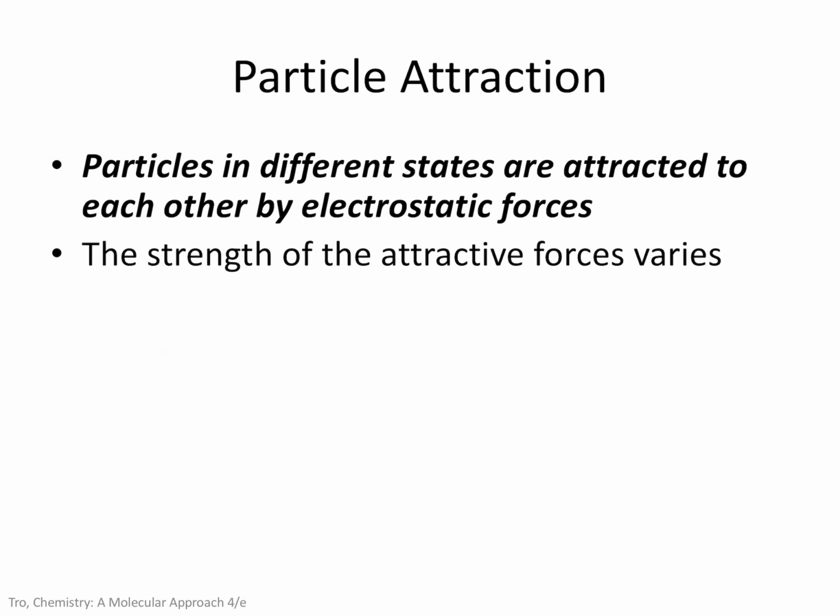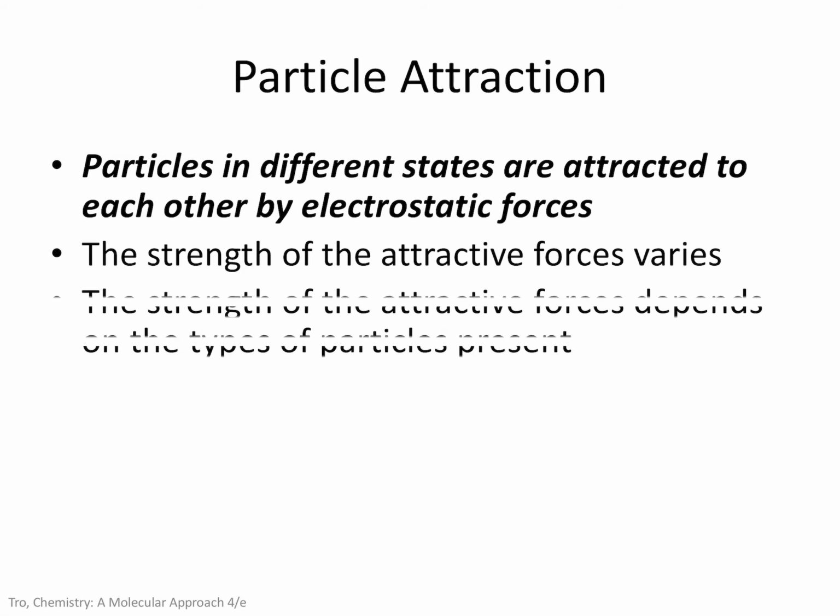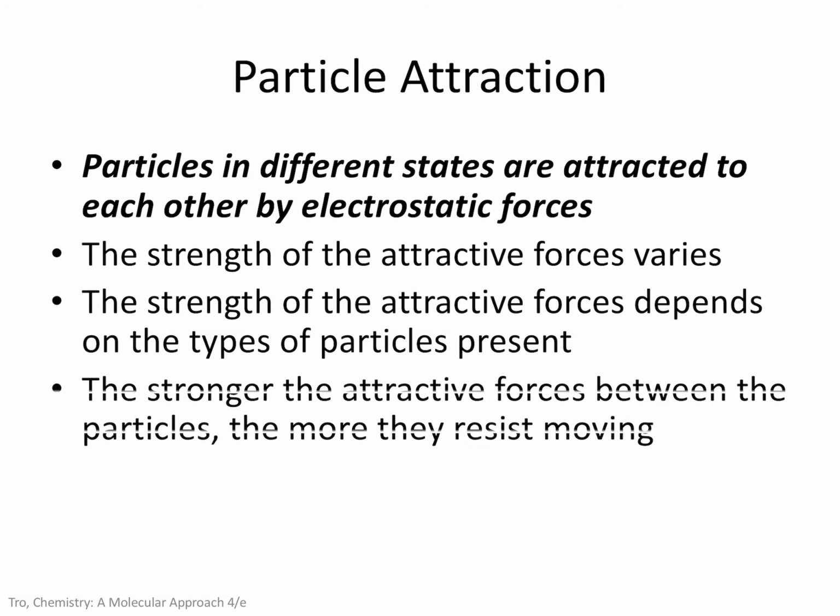The strength of the attractive forces varies. So for different types of molecules, based off of the types of bonds they have, the elements, the polarity, the size can vary on how attracted they are towards other things or to the molecules within themselves. The strength of the attractive forces also depends on the types of particles present. The stronger the attractive forces between the particles, the more they resist moving.